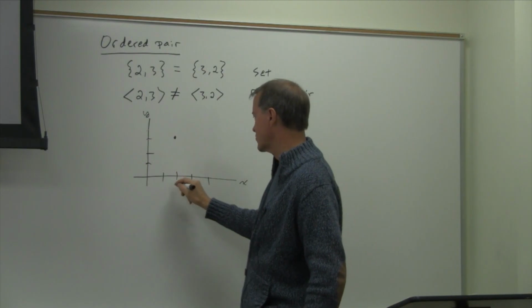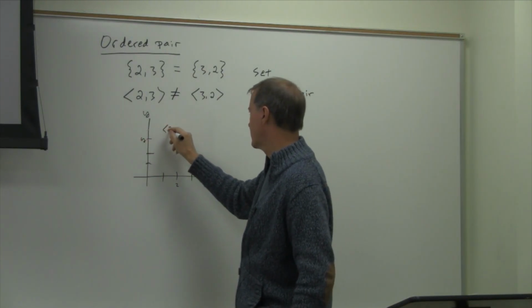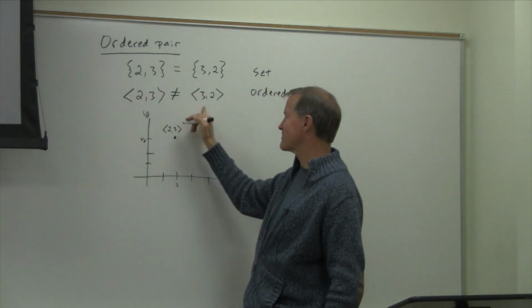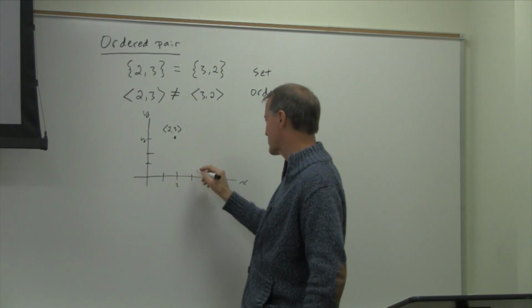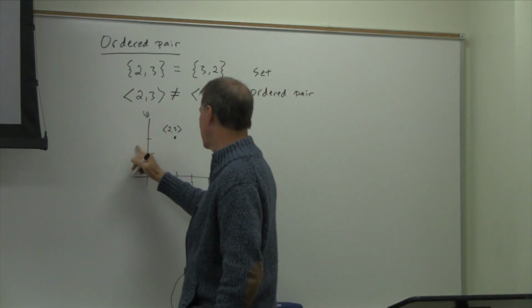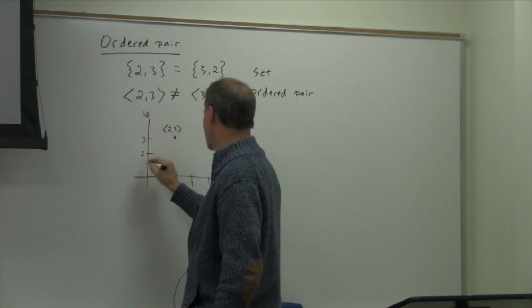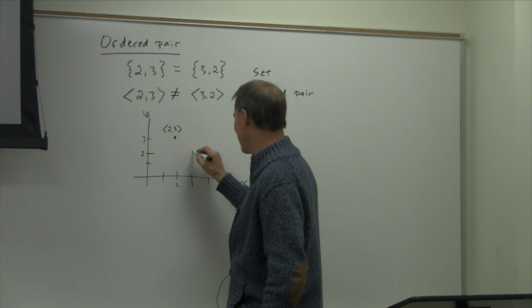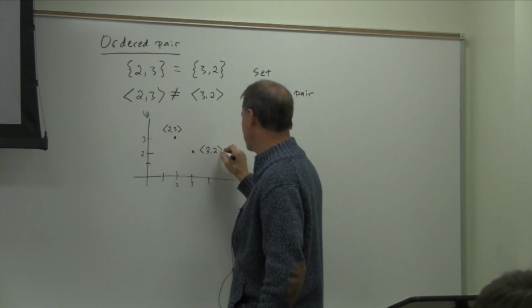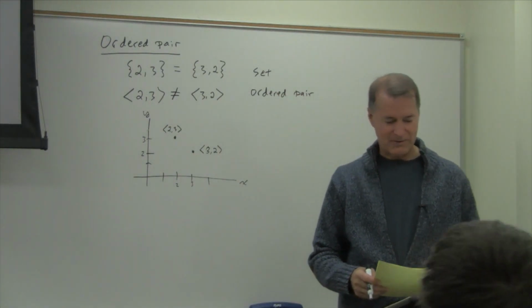And this point is not equal to this point, because this is 3 and this is 2. This is ordered pair 3, 2. Okay, so those are not the same point.